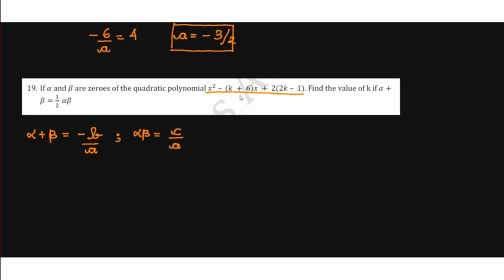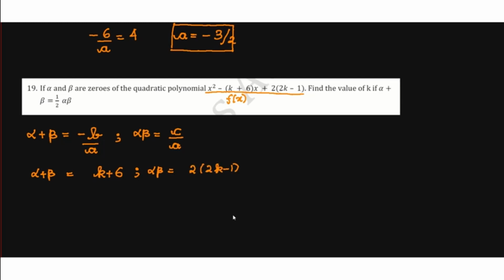And from the quadratic polynomial f of x, we are going to take b, which is minus of k plus 6. So minus of minus becomes plus. So b becomes k plus 6 and a is 1. So alpha plus beta is given as k plus 6, and our alpha beta is given as 2 into 2k minus 1.